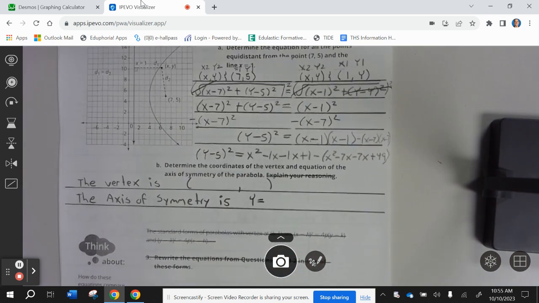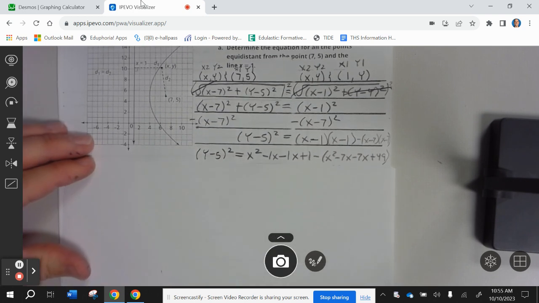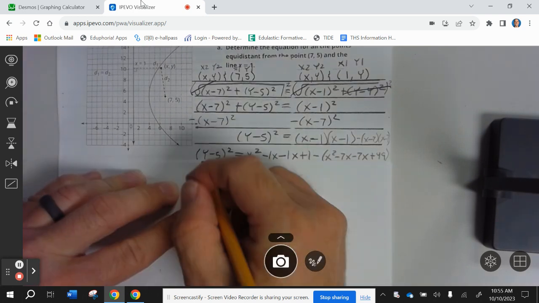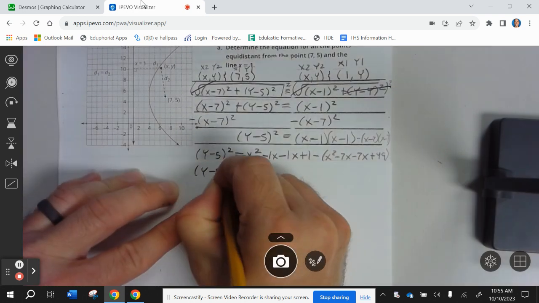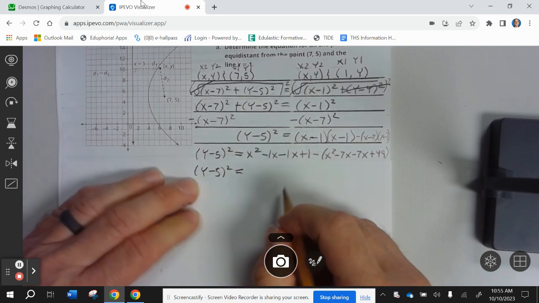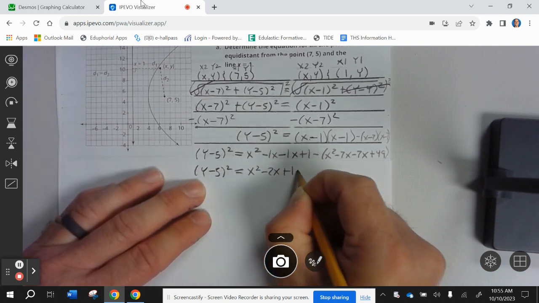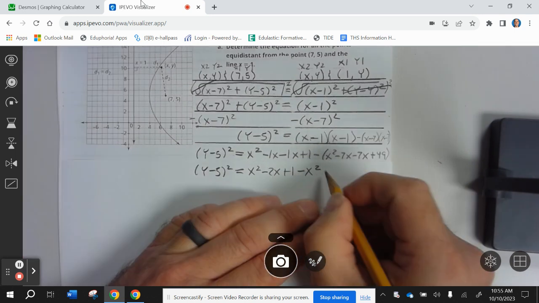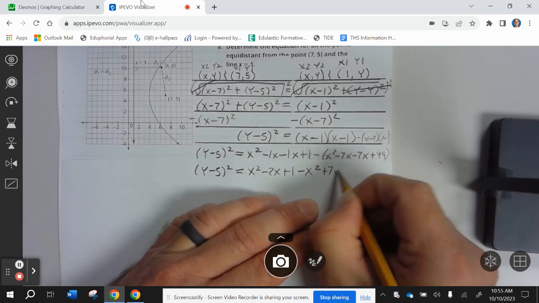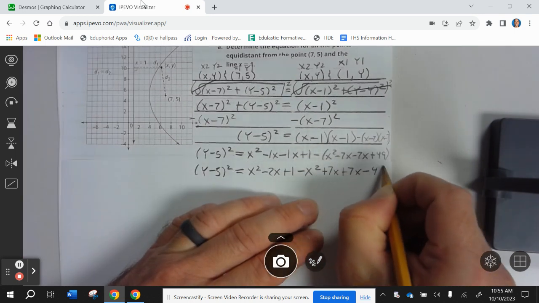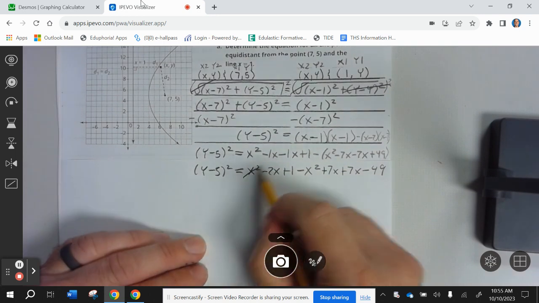I've run out of room, so we're going to add some paper here. So then that's y minus 5 squared equals x squared minus 2x plus 1 minus x squared plus 7x minus 49. Well, the x squareds cancel.